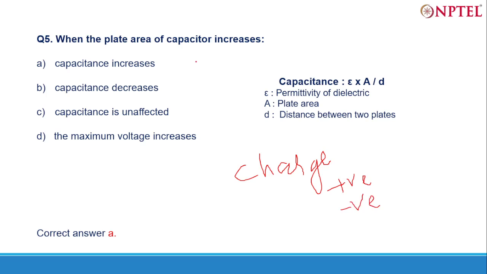So what happens in the case of a capacitor? We have two plates and we connect these plates with some power supply. Due to this power supply, the positive charge deposited at this plate gets attracted towards the other plate, and the negative charge forms a layer.